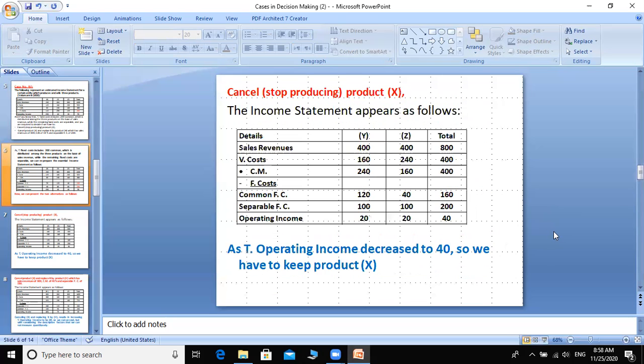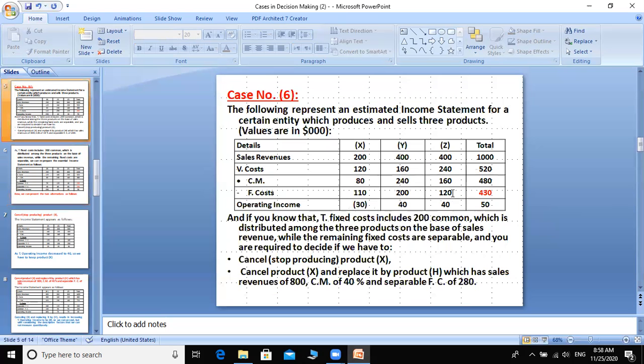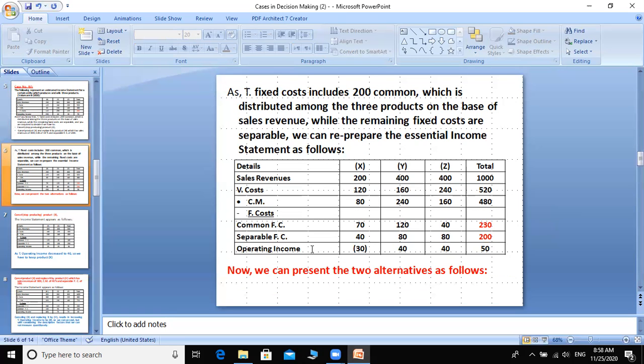Again, regarding Z, it has a total fixed cost 120 included in the 430. The 120 includes 80 common fixed cost. I'm sorry.